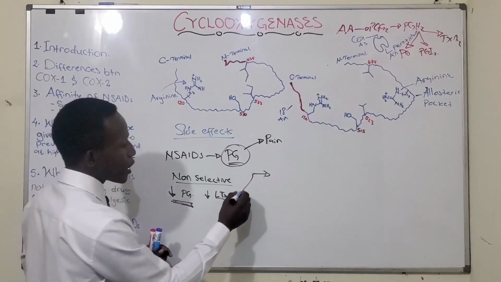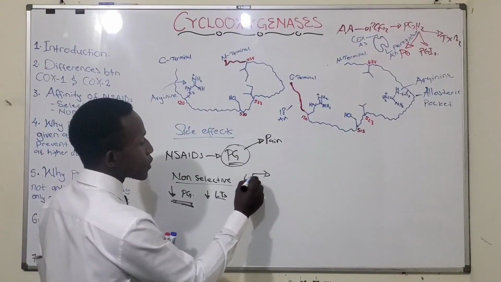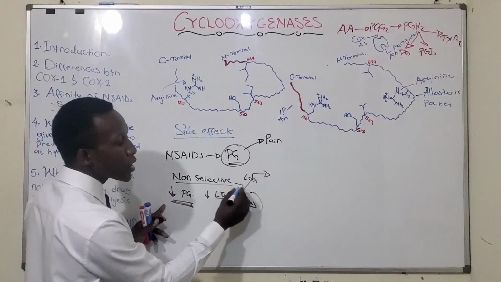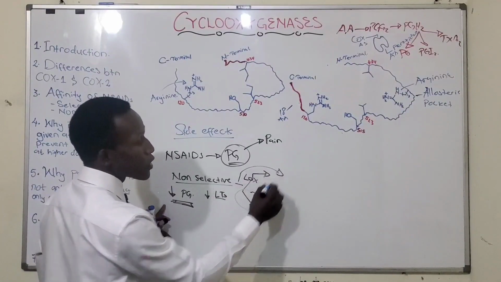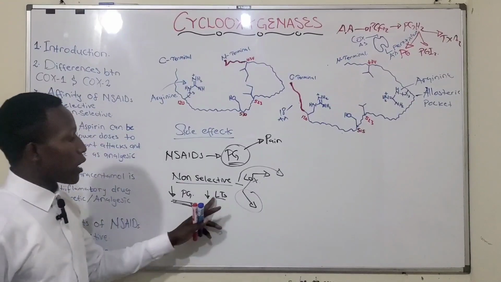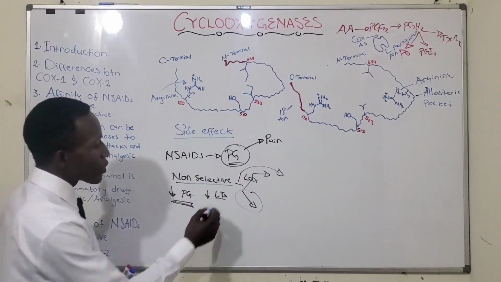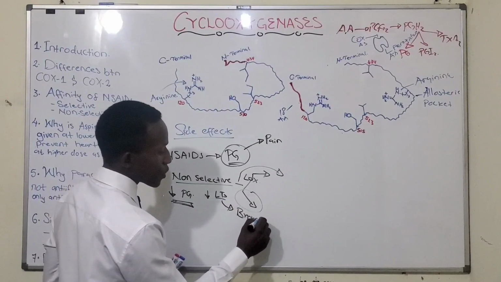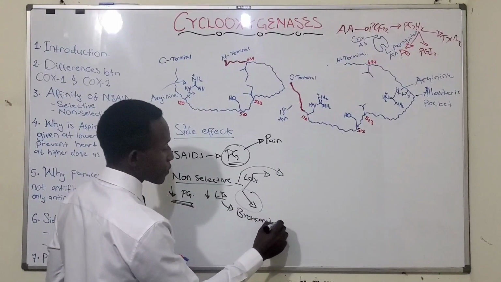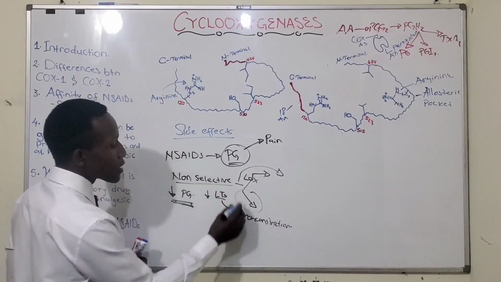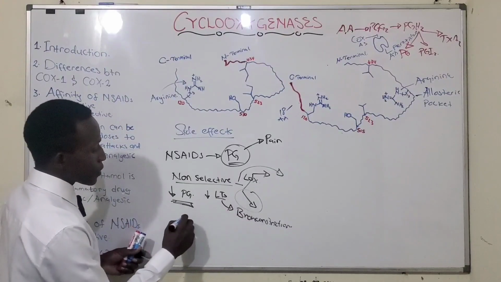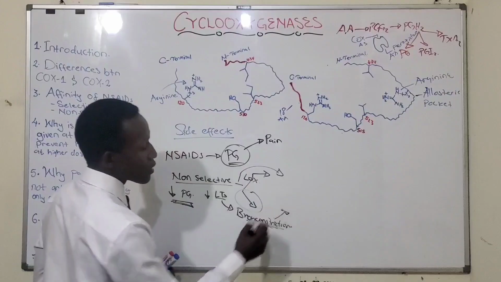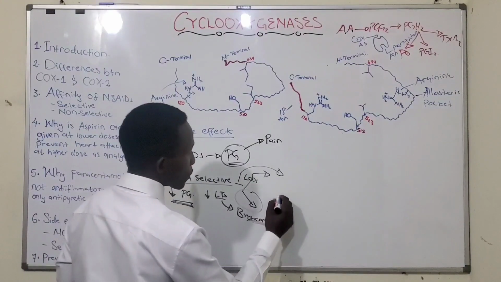But it depends. If non-selective but with higher affinity for the COX1, then if this one is inhibited much, the prostaglandins are inhibited much and the other pathway is enhanced. Remember, we have two pathways, the COX pathway and the LOX pathway. So if this one is inhibited, more arachidonic acid will be used for synthesis of the leukotrienes. And these leukotrienes, remember, lead to bronchoconstriction. So if these are synthesized more, in asthmatic patients things can go worse.